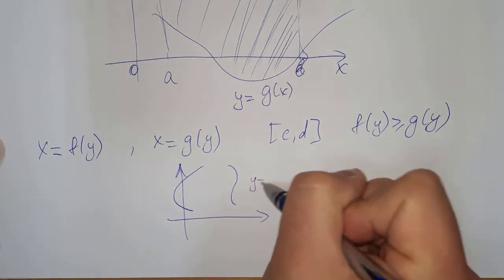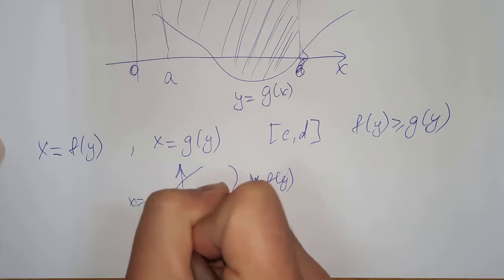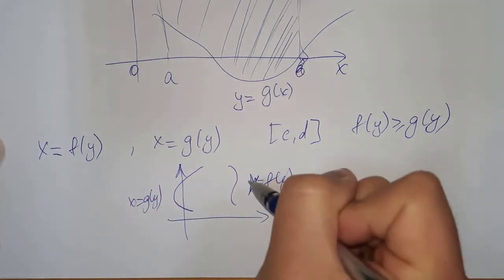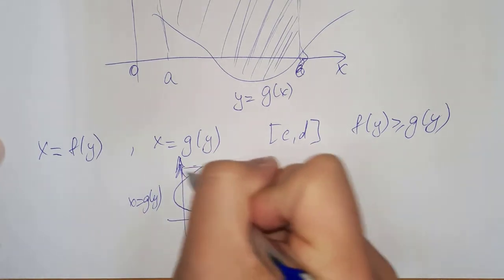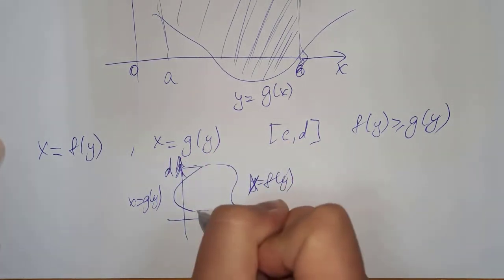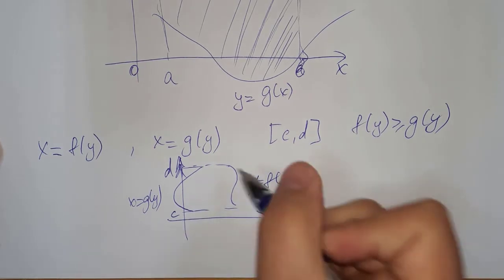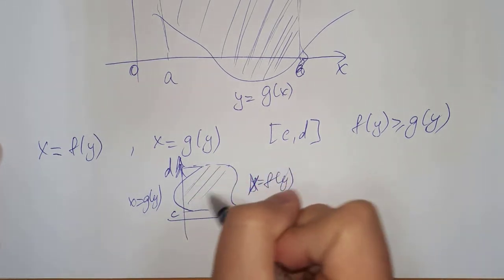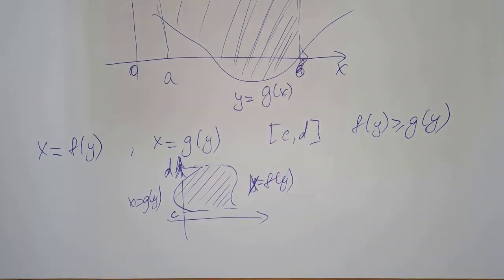So this is x = f(y) and x = g(y). This point is D, and this one is C. So we have again the region between these two curves, f(y) and g(y).